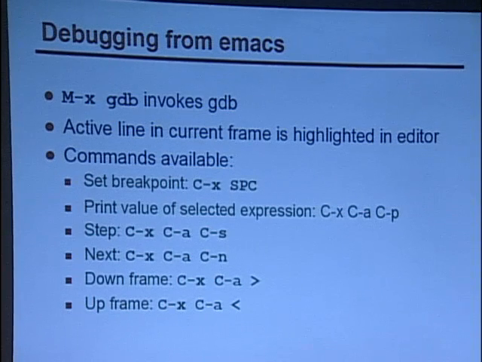You can set breakpoints with Control-X space just by placing your cursor at the particular line that you want to stop at. So you don't have to go to GDB and type break whatever. But when you do M-x GDB in Emacs, you get a separate buffer for GDB, and so you can issue all the commands that you normally would want to.